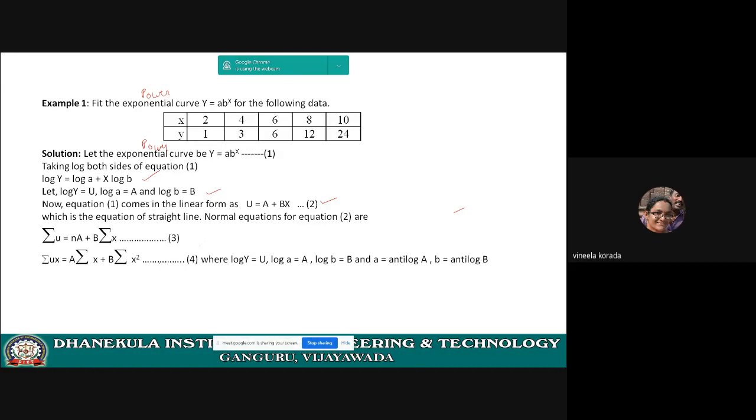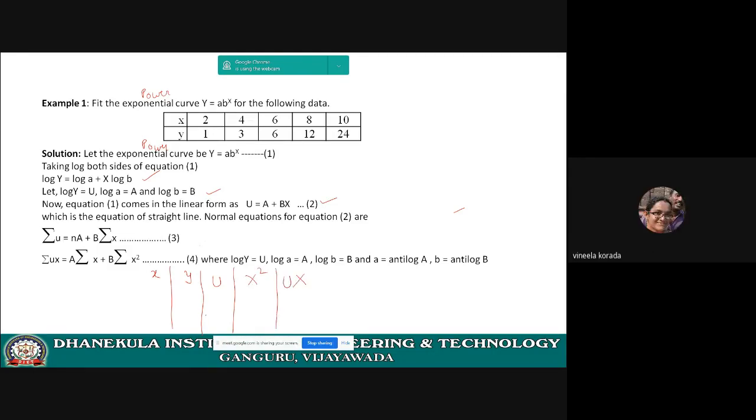So now have the tabular form. What is the table you need to have? What's the tabular form you need to write down? X values, y values, u, then ux, x square.